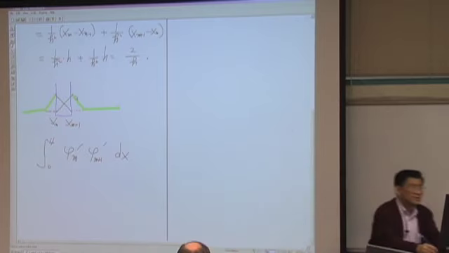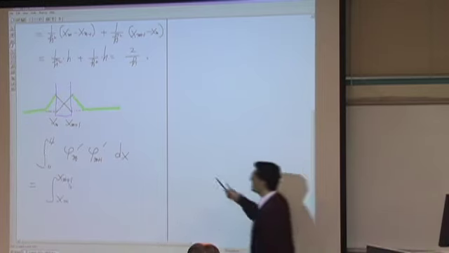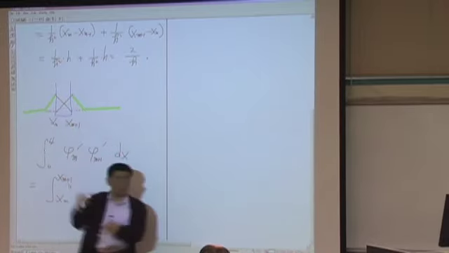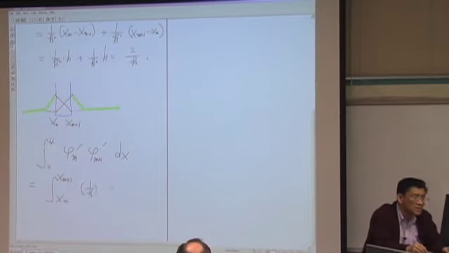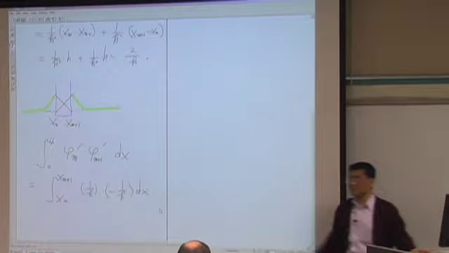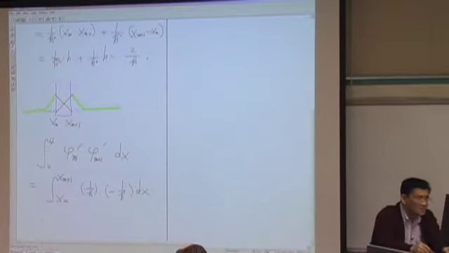So the integral is reduced to the integral from xm to xm plus 1. Then as you can see, this function has slope 1 over h. The other function has slope minus 1 over h. This is it, right? And by the same reasoning, we get this result: minus 1 over h squared multiplied by x from xm to xm plus 1.